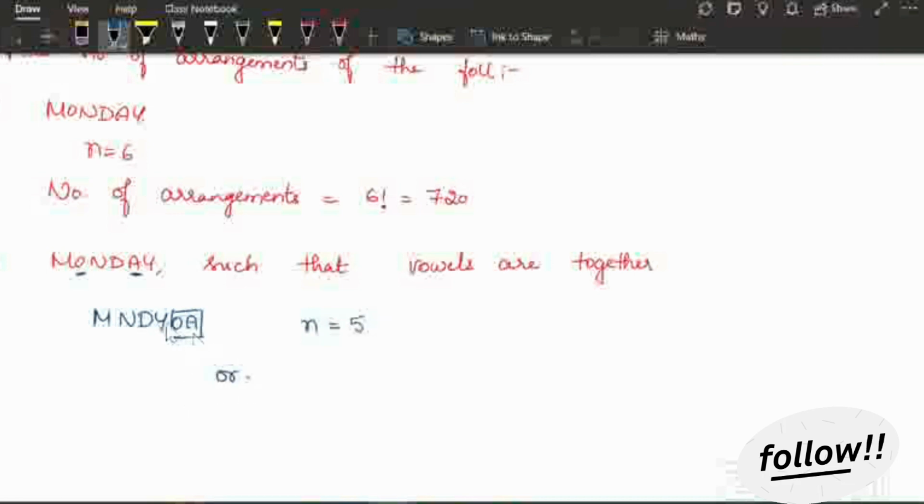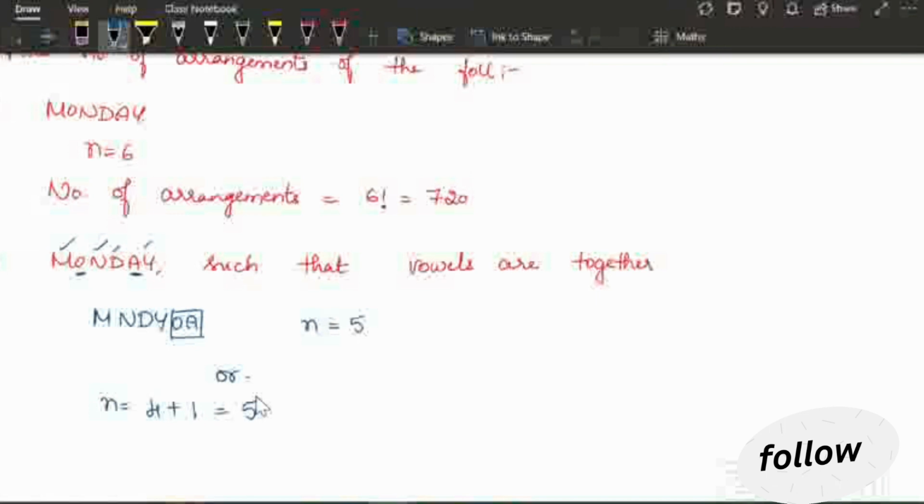Or instead of rewriting, we can also count: mark the letters that are supposed to be together. Now count all the remaining letters. What letters do we have? M, N, D, Y. So you can write n is equal to M, N, D, Y, four letters, plus all the marked letters are taken as one object, therefore 5.